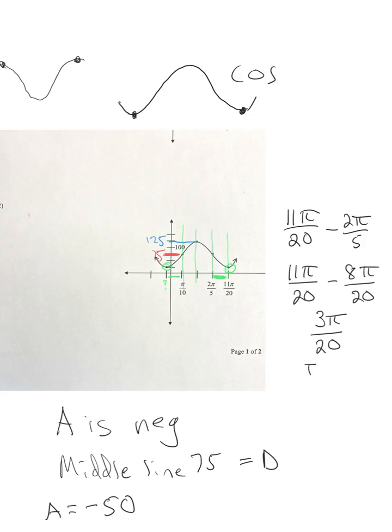So that's your increment. Every one of those fourths of a period has a distance of 3 pi over 20. So if I use that starting from the pi over 10 and take away 3 pi over 20, then I'm going to find the x value where that question mark is.